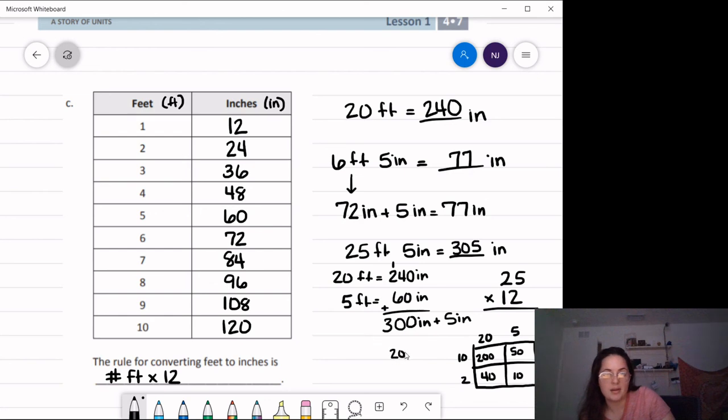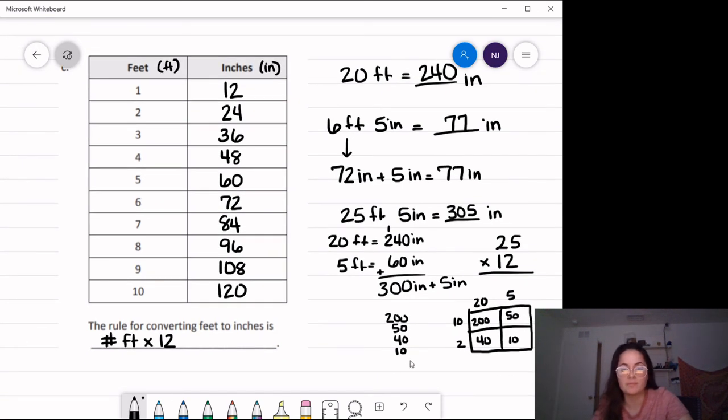We would then add all those numbers up together. And that would still give me my 300 inches, and then I would make sure to add it on to the 5 I already had to give me 305 inches.